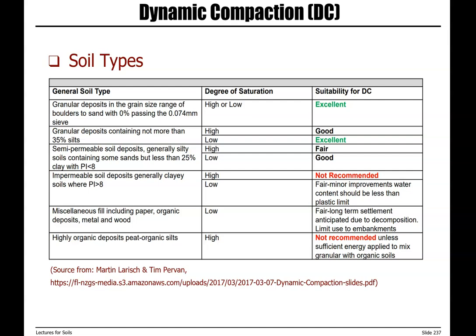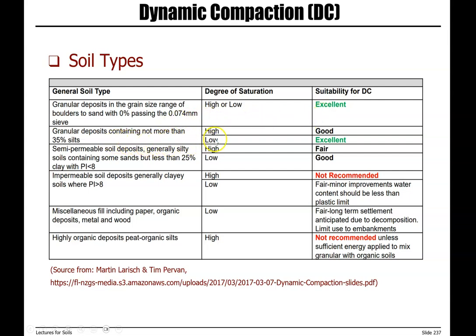This table gives you an idea which type of soil we can actually use dynamic compaction for. As the slide showed you earlier, dynamic compaction is a good option when we have granular soil. So for granular deposit, we have an excellent rating here.